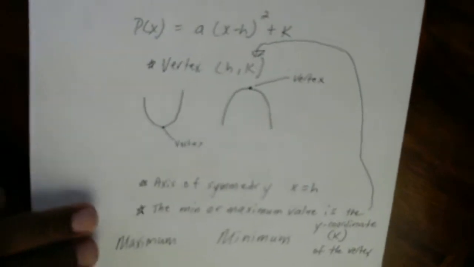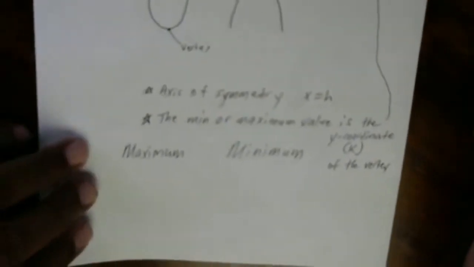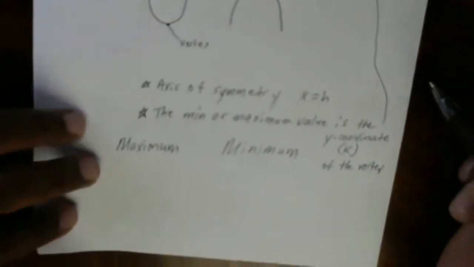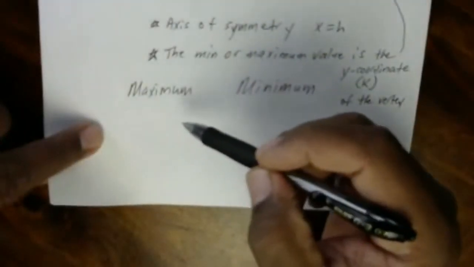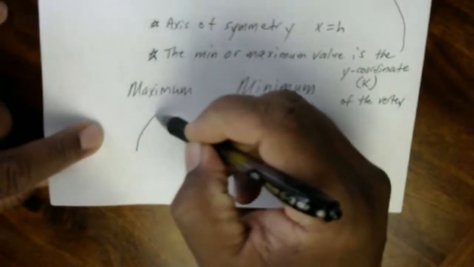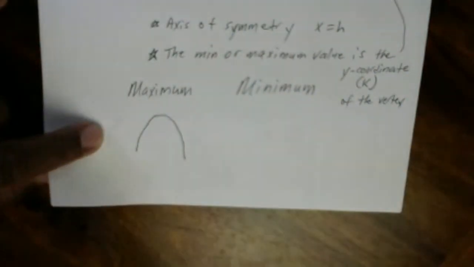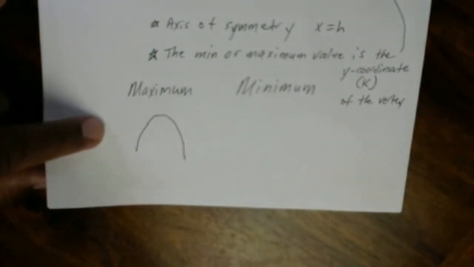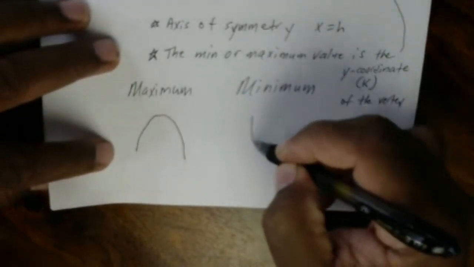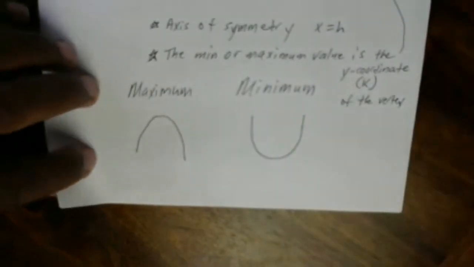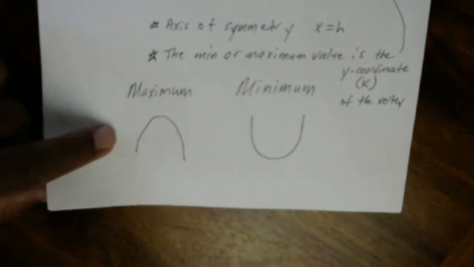All right, now how do you tell if you have a minimum or a maximum? Well, a lot of it depends on the way your graph looks. You have a maximum if your graph has an upside down U shape. You have a minimum if your quadratic has a U shape.